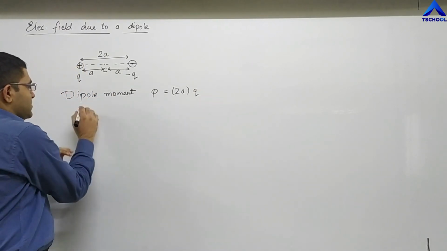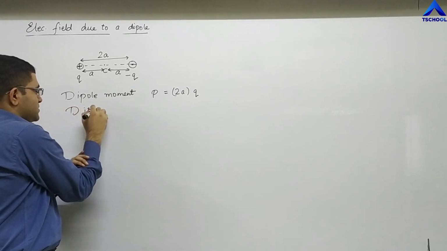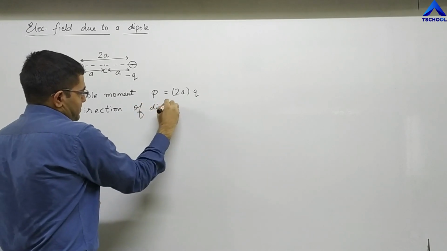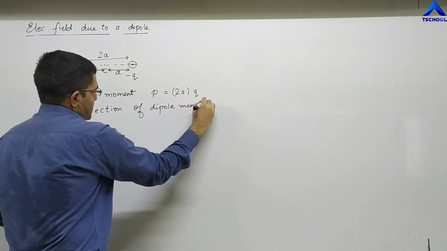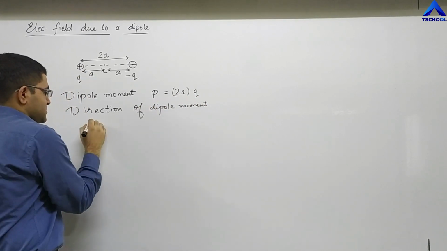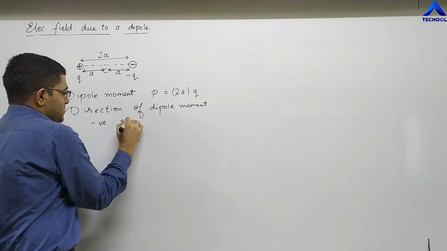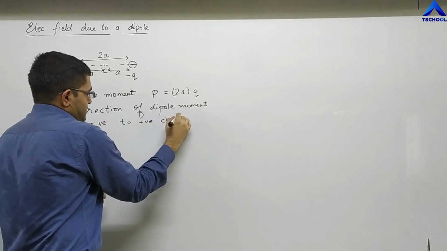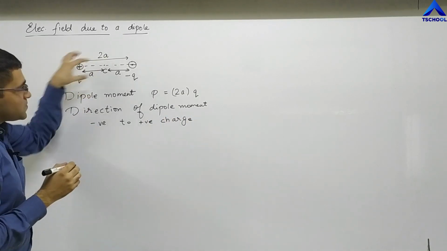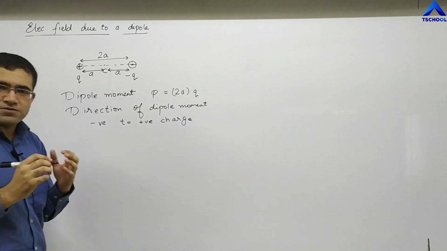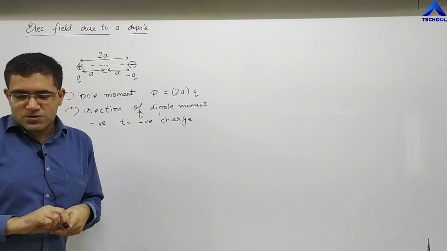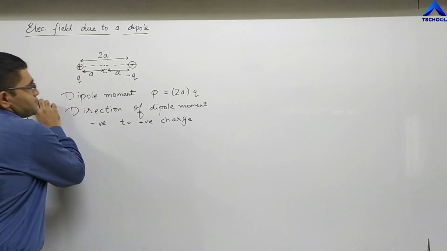Also the direction of the dipole moment is from the negative charge towards the positive charge, right? We will use all these ideas to derive the electric field due to an electric dipole. So let's get started with it.